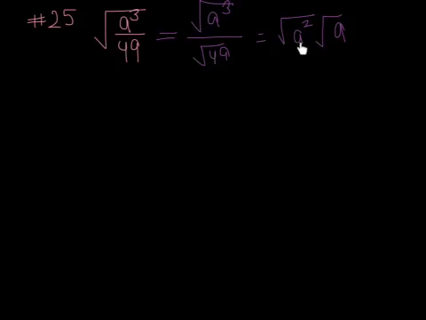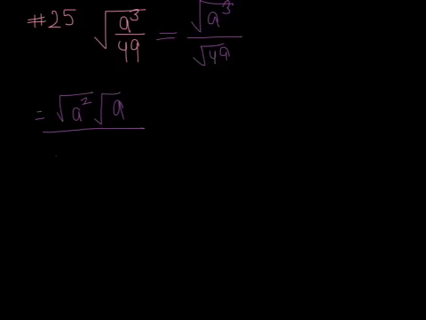The reason is that when we multiply a squared with a, we get a to the third. For now, I'm just going to keep our denominator as radical 49 because I want to work on my numerator first.